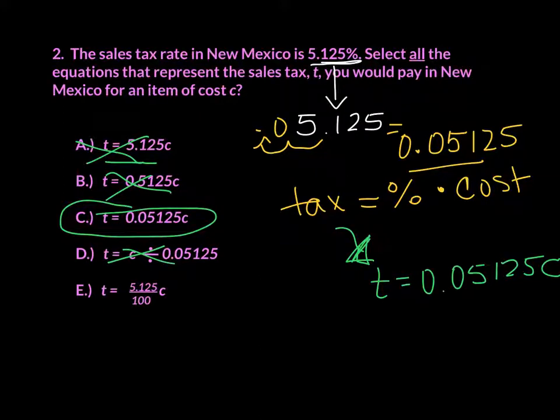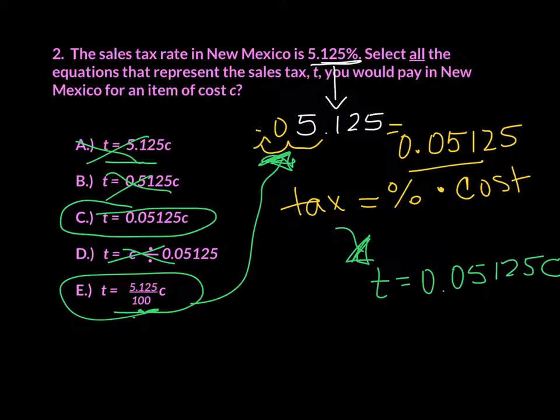That doesn't make any sense. This one, T equals 5.125 divided by 100. Well, remember that when we divide by 100, we look at the fact that there's 2 zeros there, and that means we move the decimal back 2 places, so this one actually works as well.